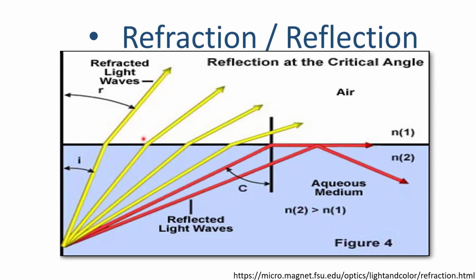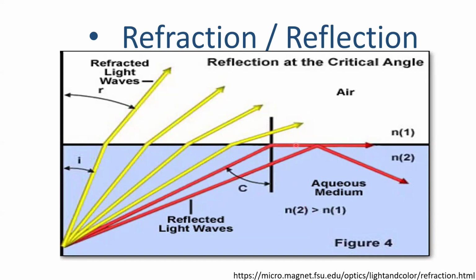And it's going to change the angle a little bit, change the angle a little bit, change the angle a little bit, until we reach something that is called a critical angle. And a critical angle is when the light doesn't go either way. It doesn't penetrate the interface and travel through it, and it does not bounce off the interface, which means it doesn't reflect.